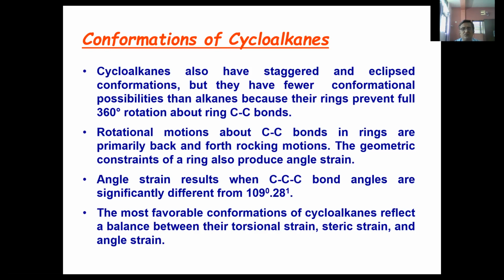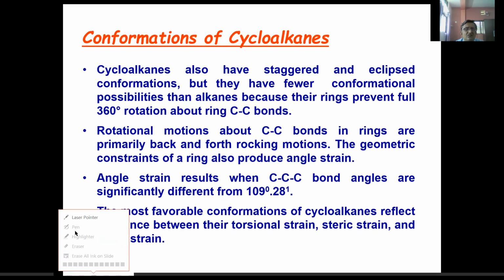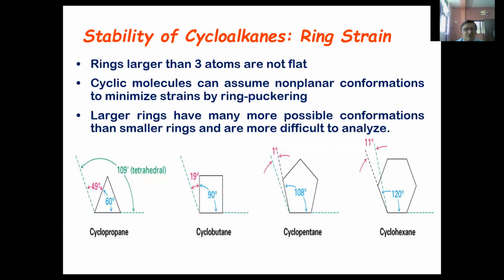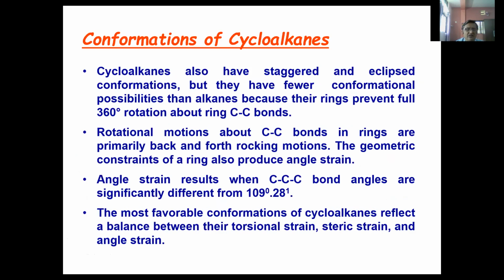They are called ring chain isomers. Ring chain isomers means, say for example, here I will show you the formula, okay, but here I could not get the pen.